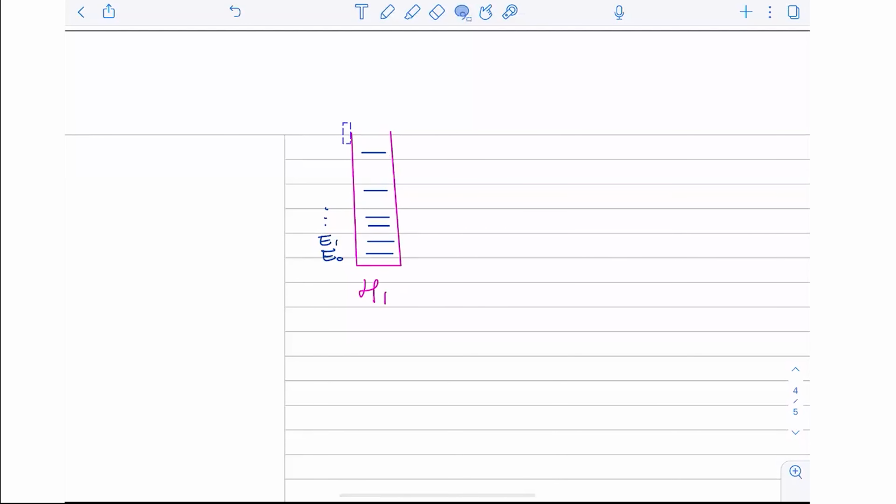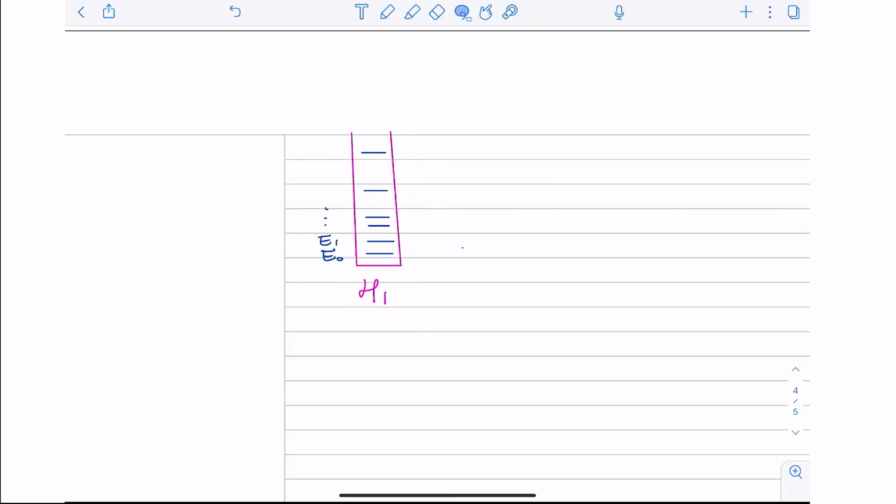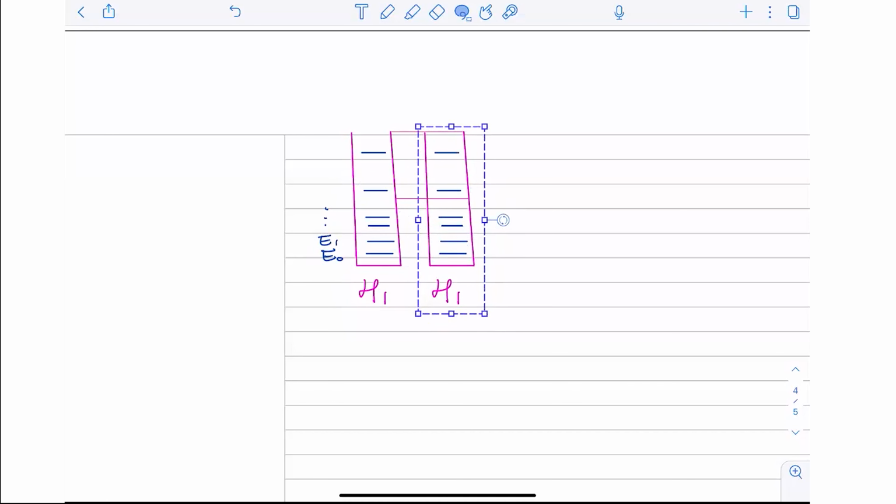Let's use this simple picture to represent the spectrum and the Hilbert space of the first particle.